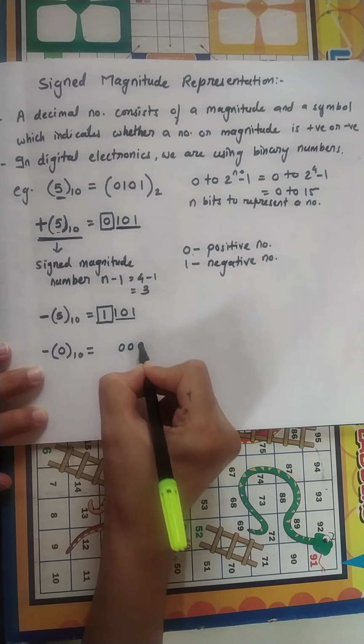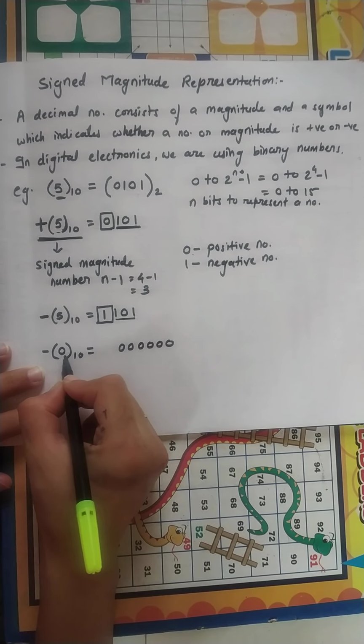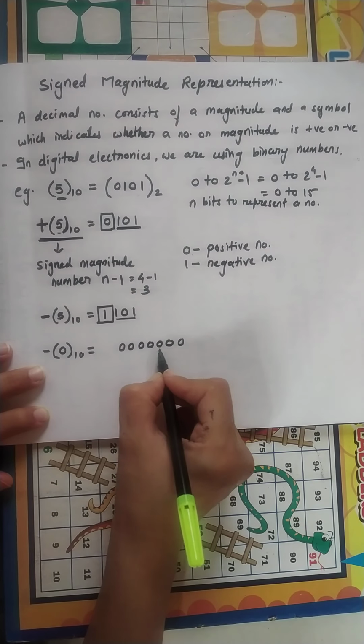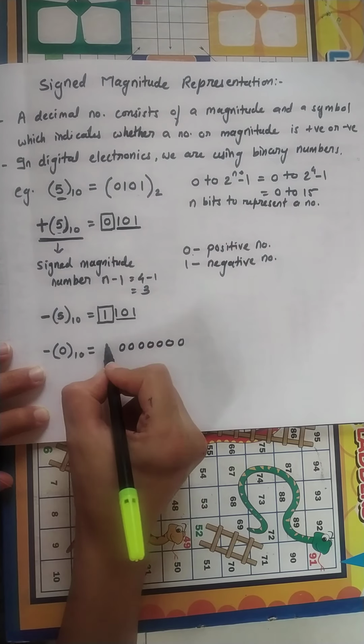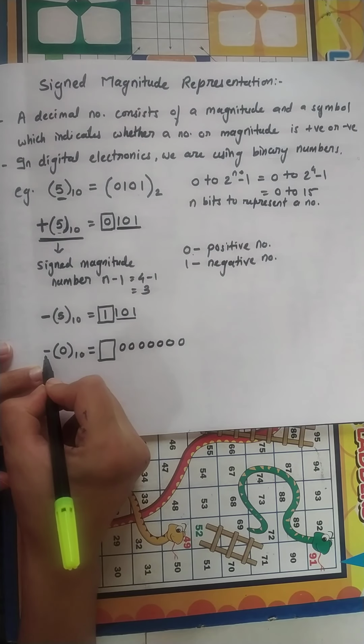So I'll write 7 zeros for writing the decimal 0, and I leave only 1 bit, that is the MSB bit. This MSB bit will depend on your sign, right?